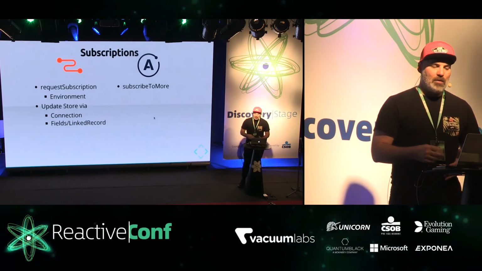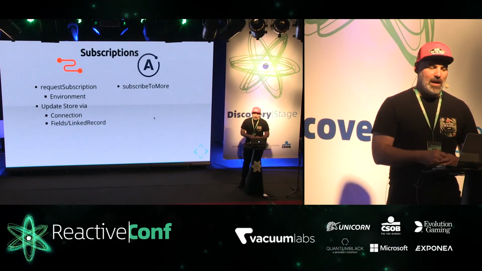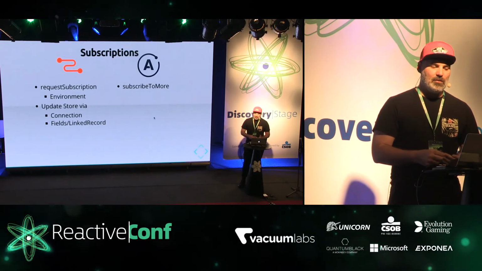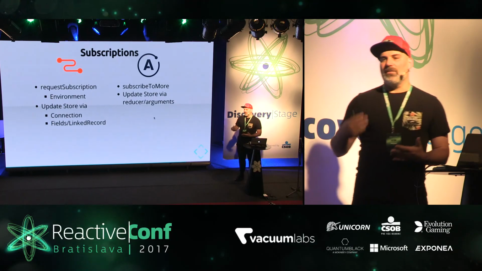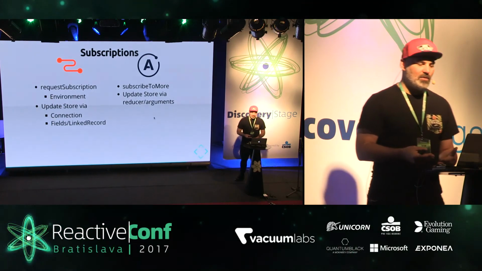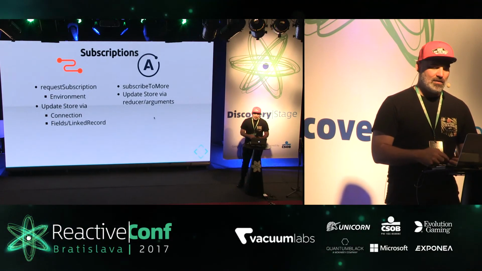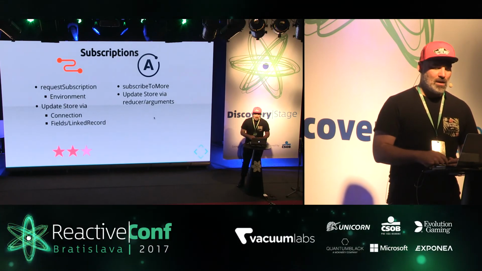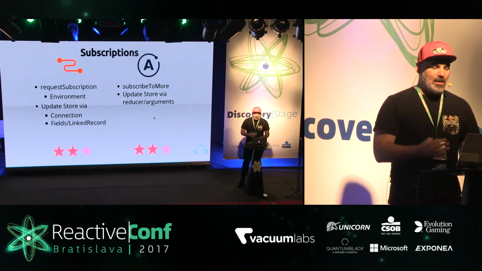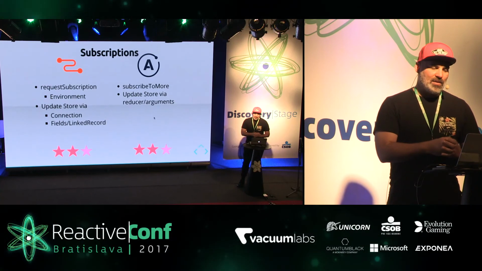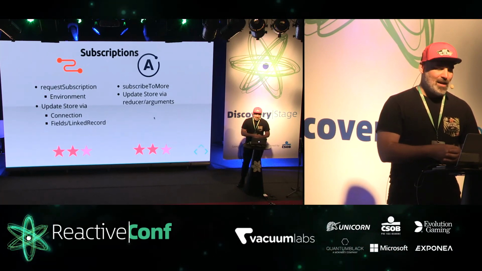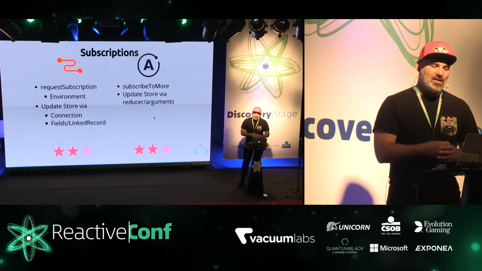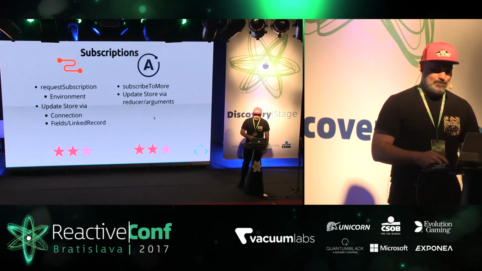For Apollo, we have a different API. We are using subscribeToMore in this case. We're also using the familiar approach of using reducers and passing arguments, so that's a little bit easier. And in this case, I'm going to rate both with 2 stars. Subscription is still, I guess, in the early stages, but they were really easy to implement anyway.